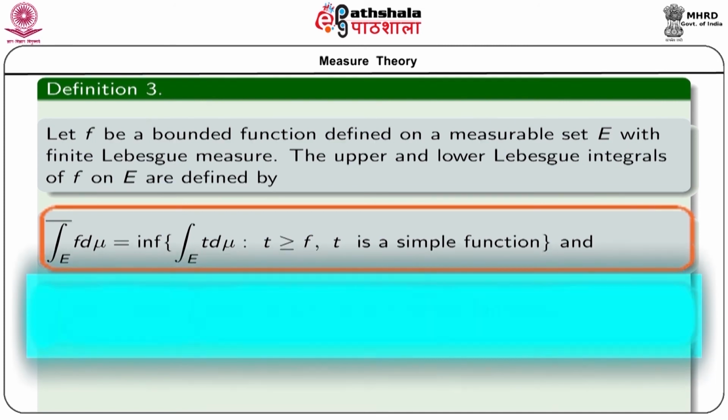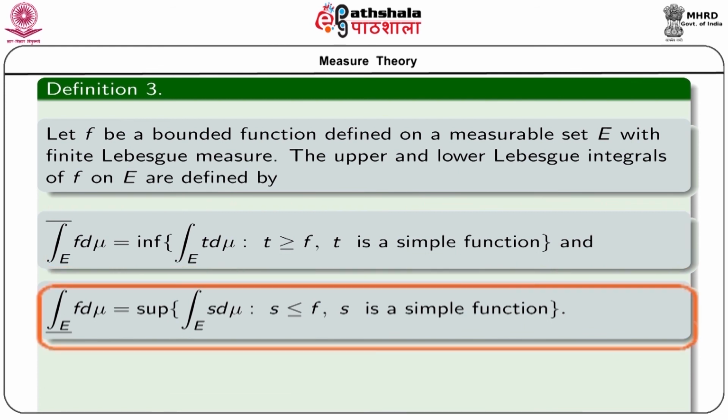And the lower Lebesgue integral of f over E is defined as the supremum of all integrals of s d mu over E, where s is a simple function, but s is less than or equal to f.